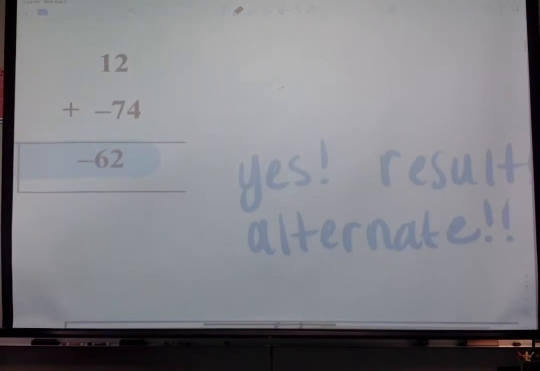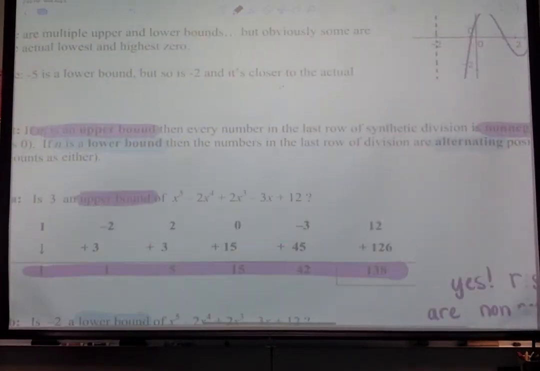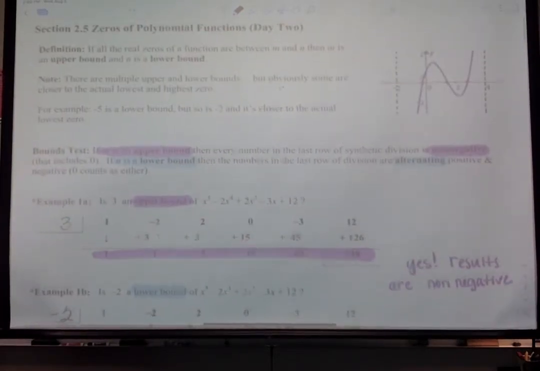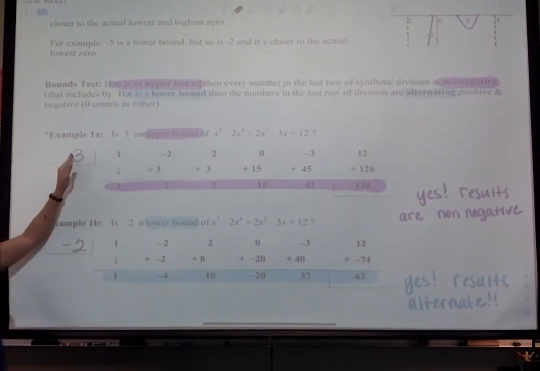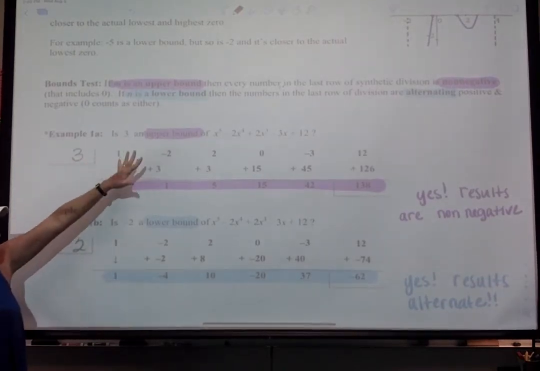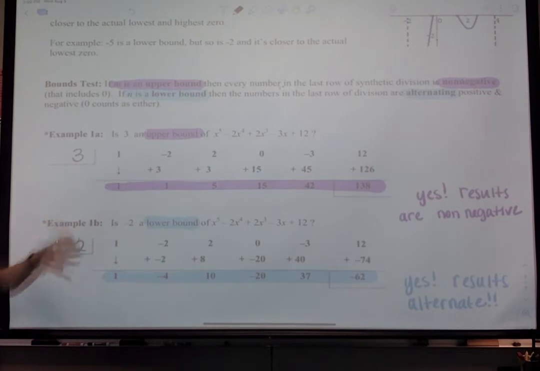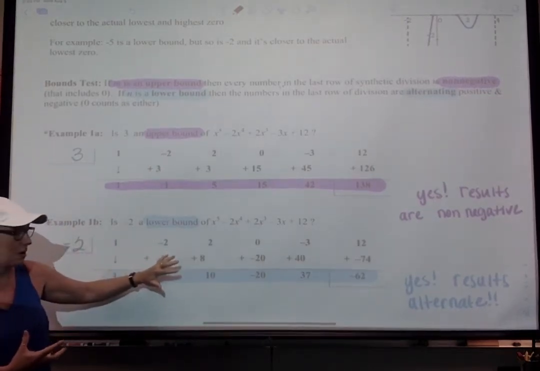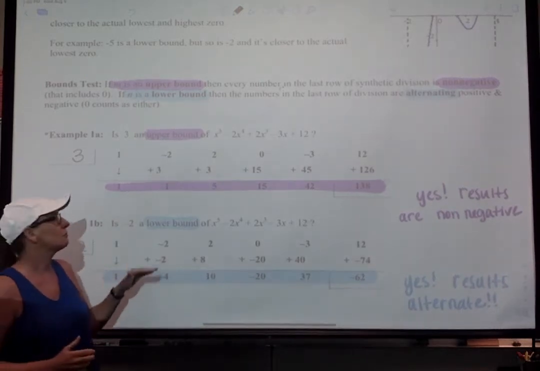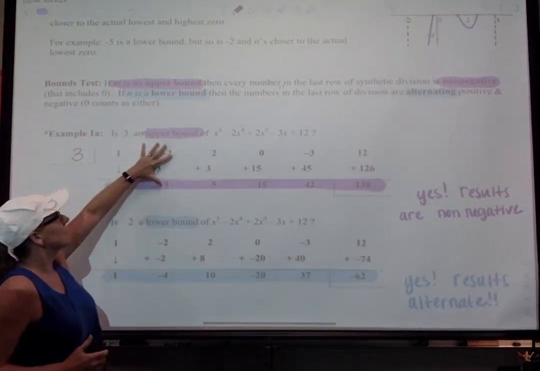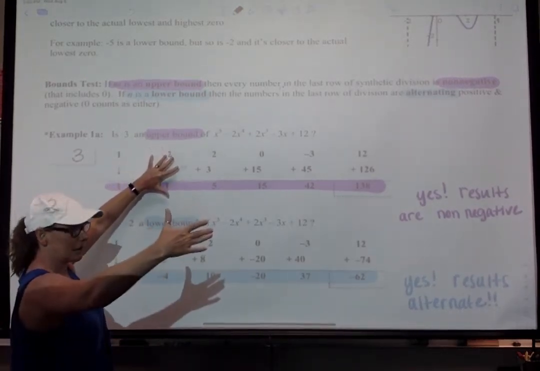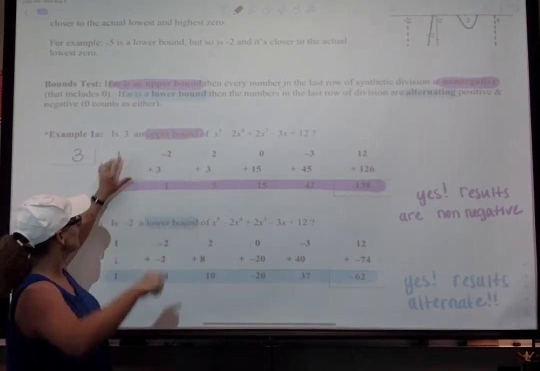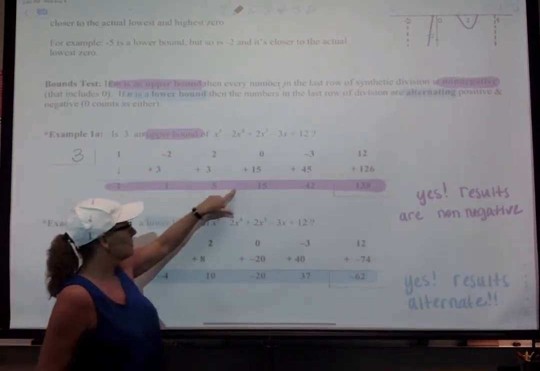Now, this test you're just going to have to memorize. So I'm going to send 3 through my 5th degree polynomial, and I'm going to send -2 through my 5th degree polynomial. And here's what we're looking for. When I send 3, if I'm checking to see if 3 is an upper bound, I'm going to send it through and look at my results.